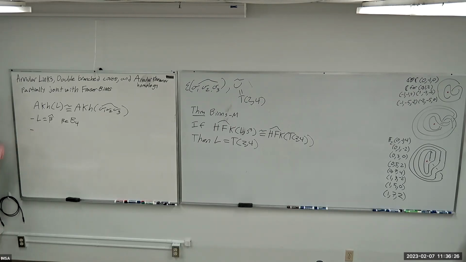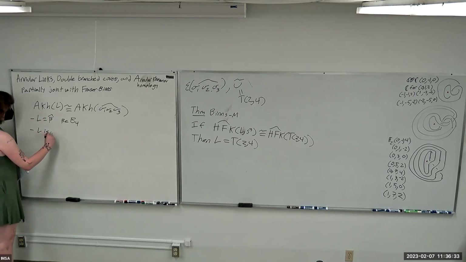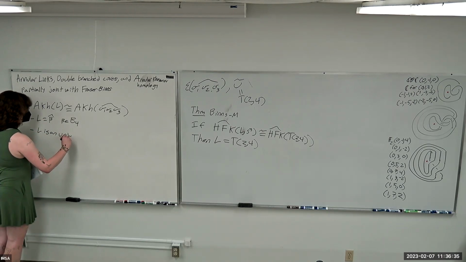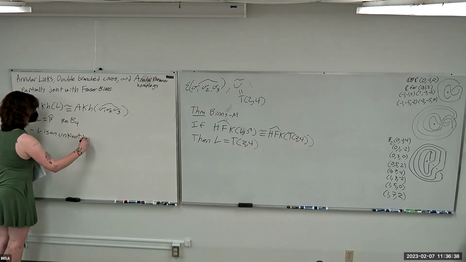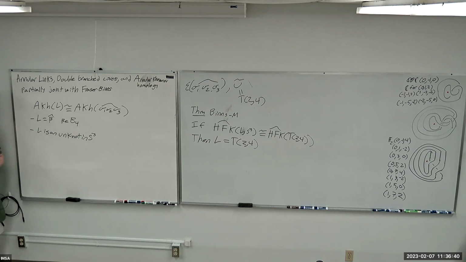And using the relationship between annular Khovanov homology and Khovanov homology, we could also learn that L is an unknot in S3.